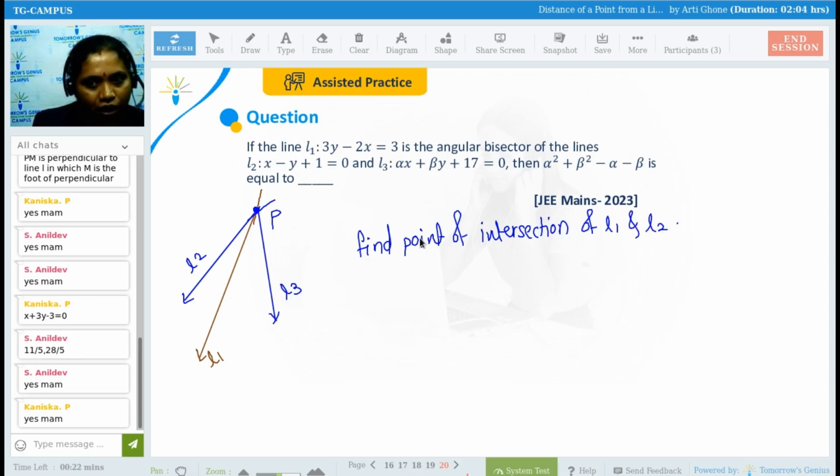Clear? How are you going to find the point of intersection, with a complicated formula or by solving these two equations? Quickly solve these two equations and tell me the point of intersection.